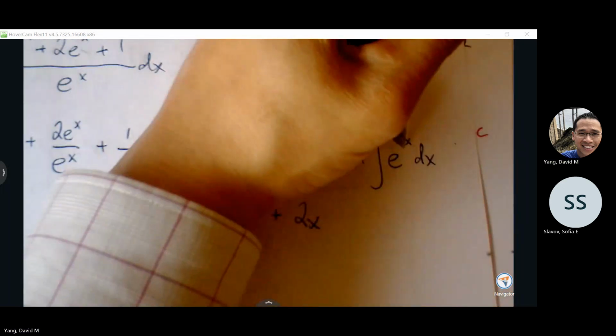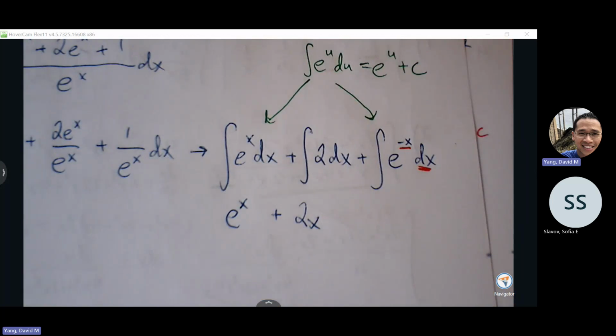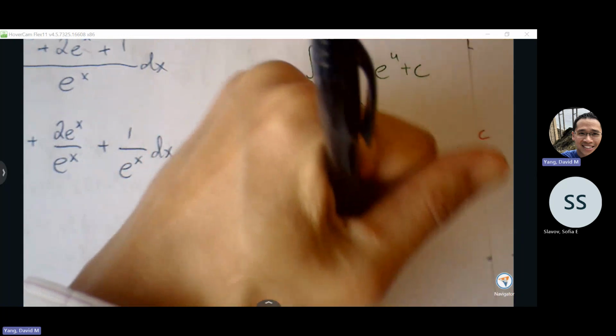The whole point of u substitution, not only is it cleaning up our problem to help us identify a rule that we can use, it also keeps track of the leftovers that we need to include. So I'm going to do a separate process here.